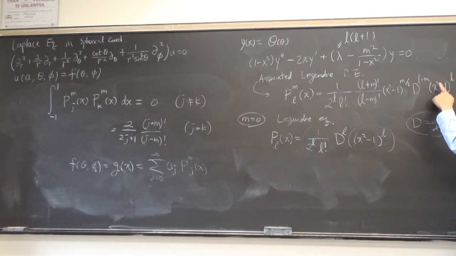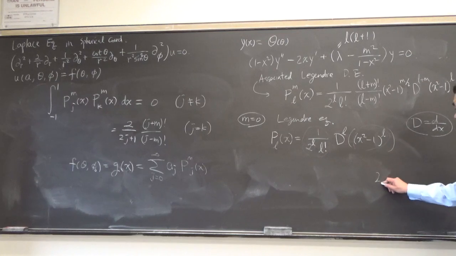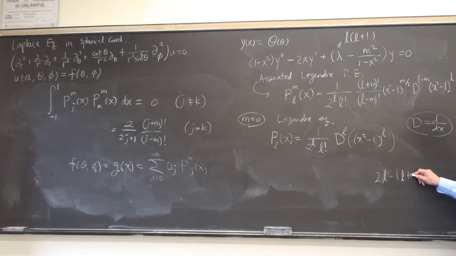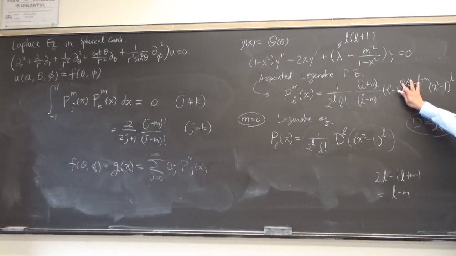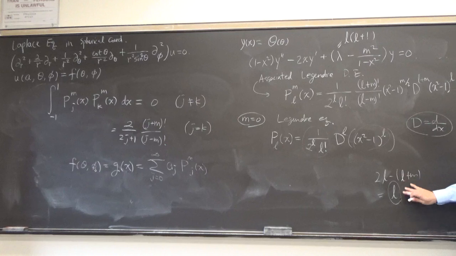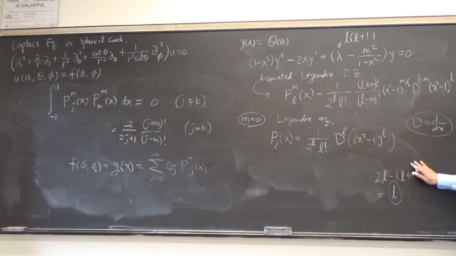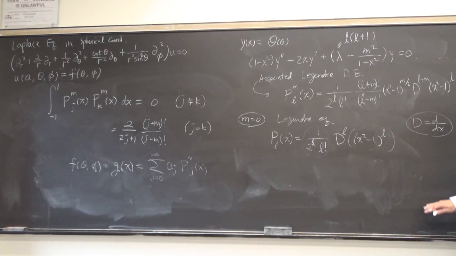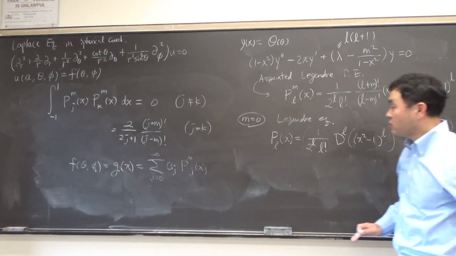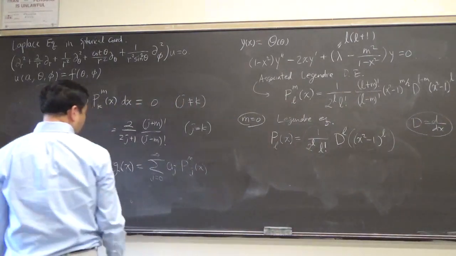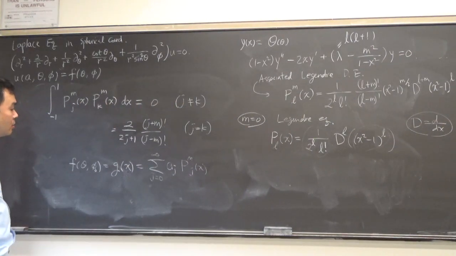We differentiate, so 2L minus L plus m. So this is an L minus m degree polynomial, and you have multiplied by an m degree polynomial, so you have a degree L polynomial. I need fixed m.